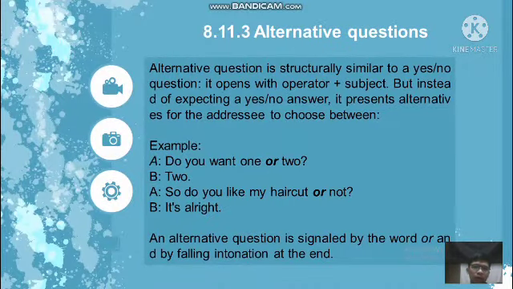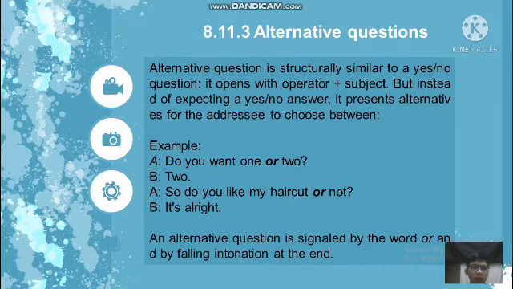Next we have the alternative questions. Alternative questions are structurally similar to yes or no questions. It opens with operator plus subject.